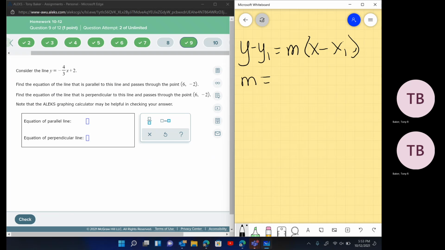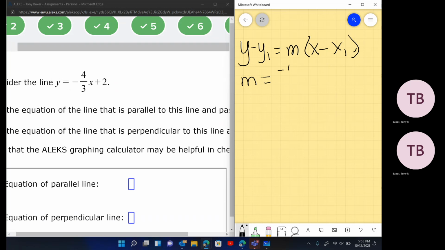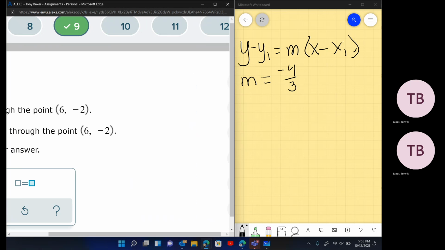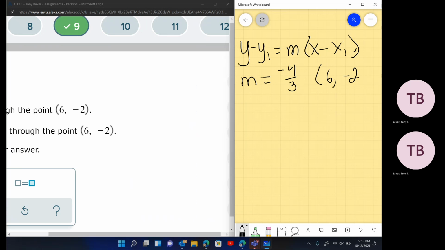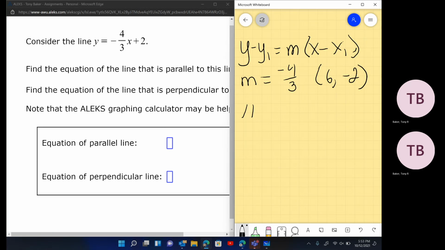So what's my slope in this problem? Negative 4 over 3. And my point they gave you is 6, negative 2. So parallel slope is going to be the same, right? So m equals negative 4 over 3.